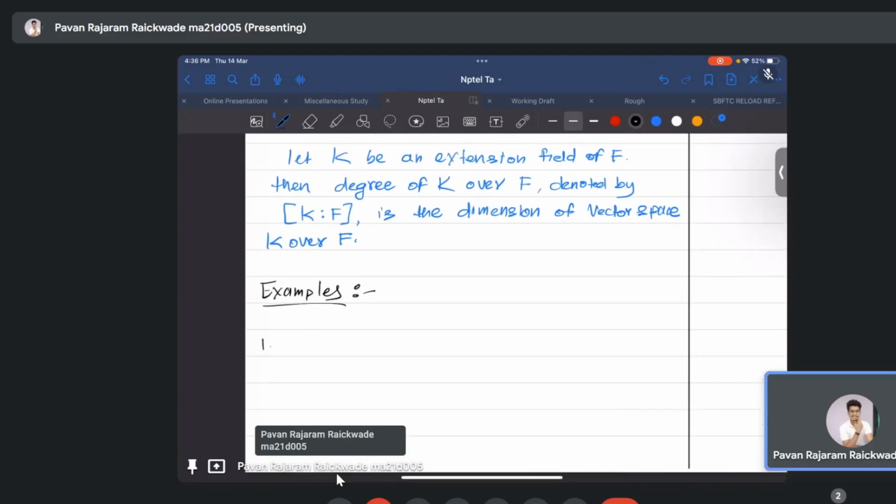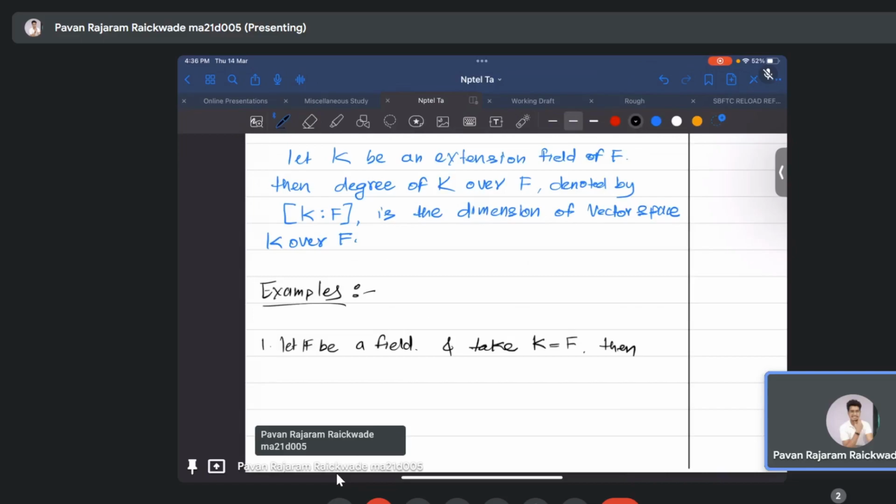Number one, let f be a field and take k as itself, k equals f. Then k is a vector space. Of course, every field is a vector space over itself. So what will be the dimension?